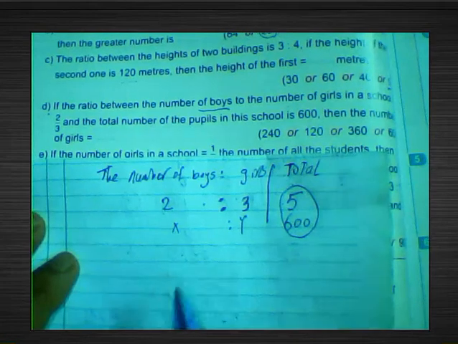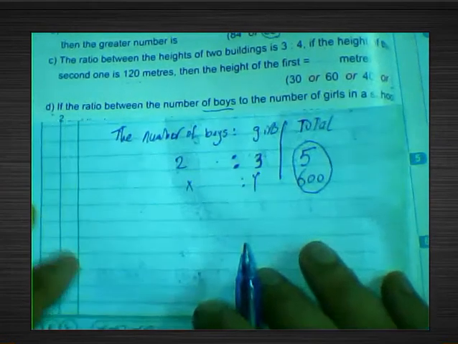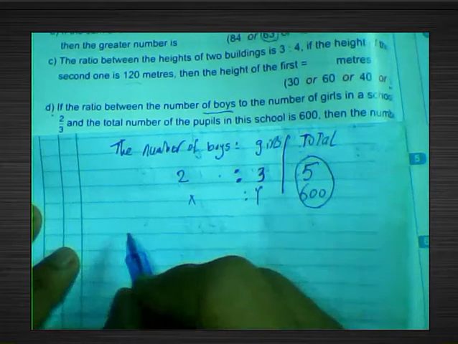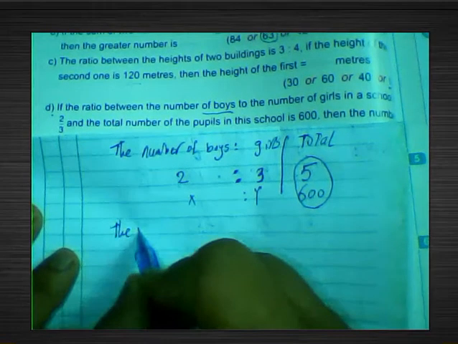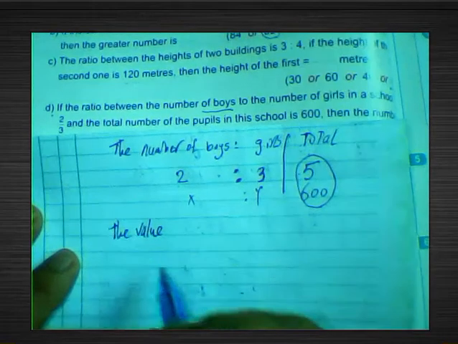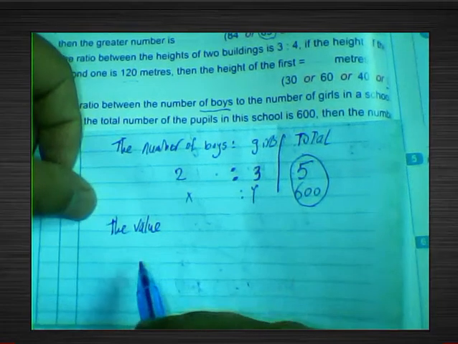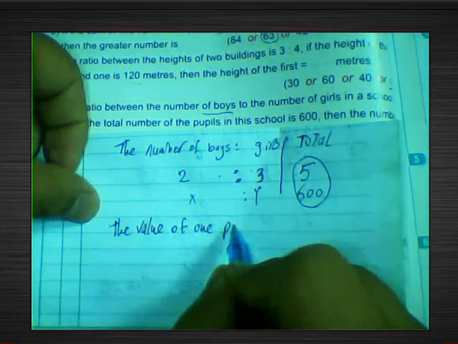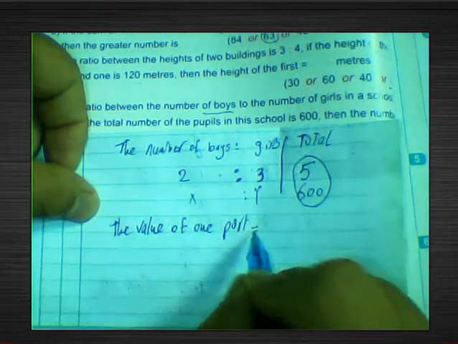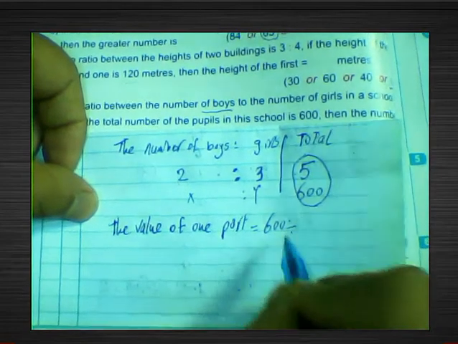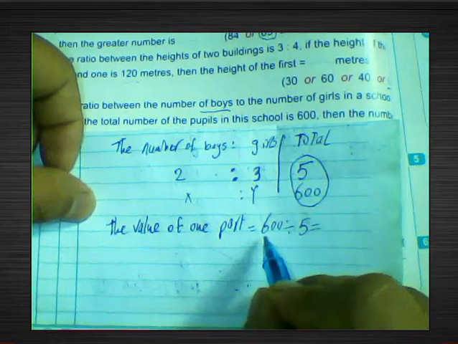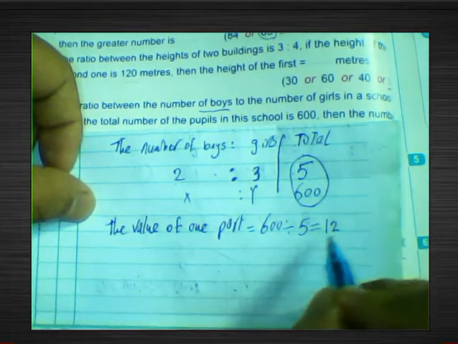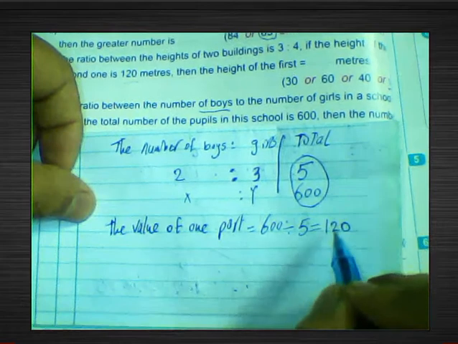The first method, we will find the value of one part equals 600 divided by 5. 60 divided by 5 equals 12, 0 divided by 5 equals 0.